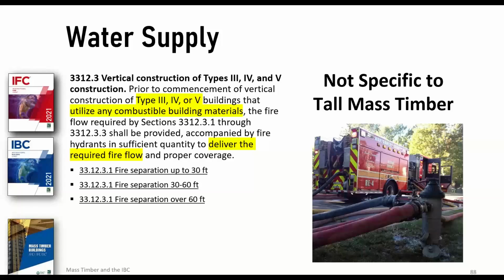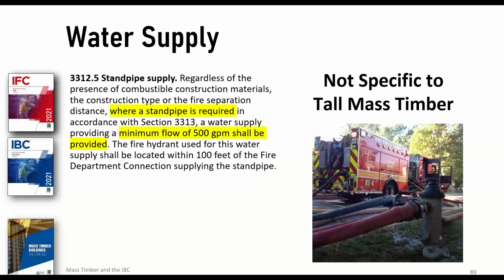So separations up to 30 feet require a minimum flow of 1,000 gallons a minute, or the entire fire flow required for a building when constructed, whichever is greater. A separation from 30 to 60 feet requires a minimum of 1,000 gallons a minute, or 50% of the fire flow required for the building when it is complete, whichever is greater. And for a separation over 60 feet, a water supply of 1,000 gallons a minute shall be provided.